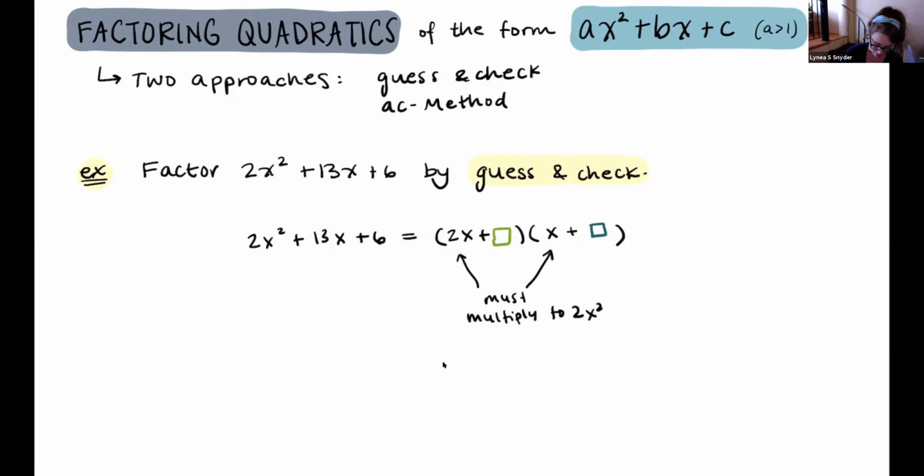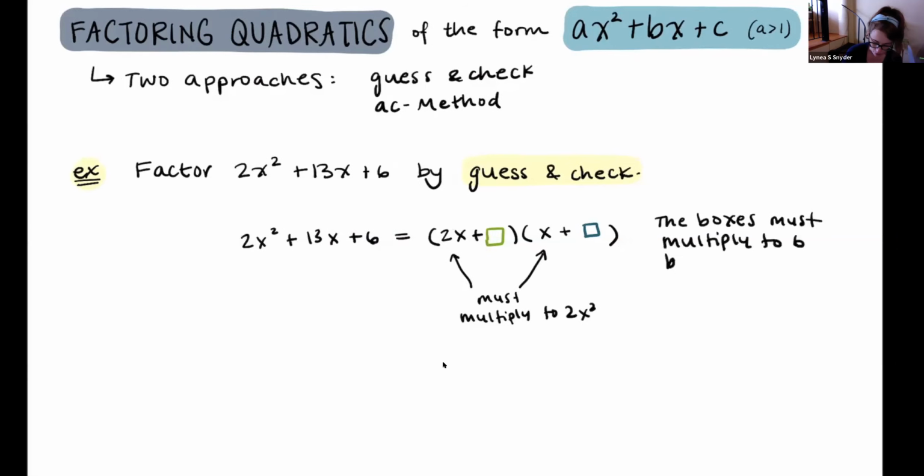All right, so to write down what I just said, the boxes still must multiply to positive 6. But now it matters where we put those numbers.